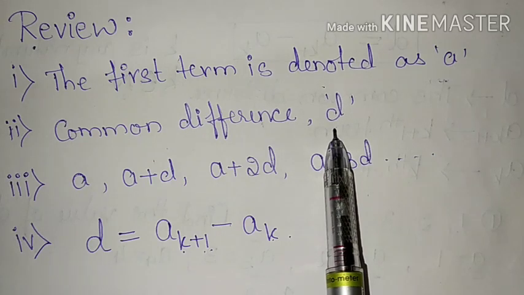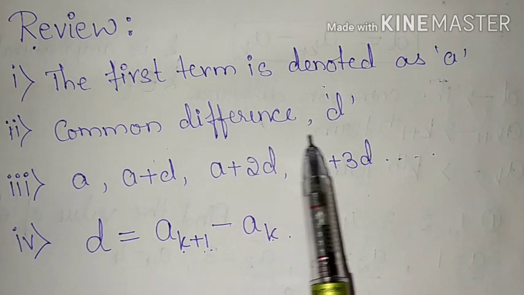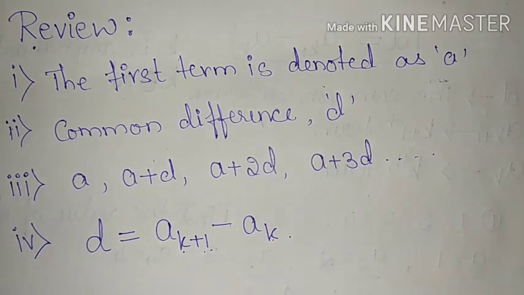And we also saw what the different types of arithmetic progressions are. One was finite arithmetic progressions. A finite arithmetic progression is one in which there are a finite or countable number of terms, in which we can count how many terms are present.